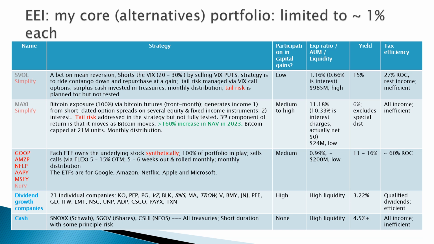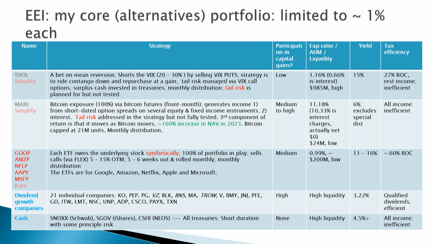The reason I own some of this is that if I ever want to get immediate access to cash, I can't do that with SNOX because SNOX is a mutual fund and it's only sold at the end of the day. But with SGOV, I can get my money immediately and buy something if I wanted to.